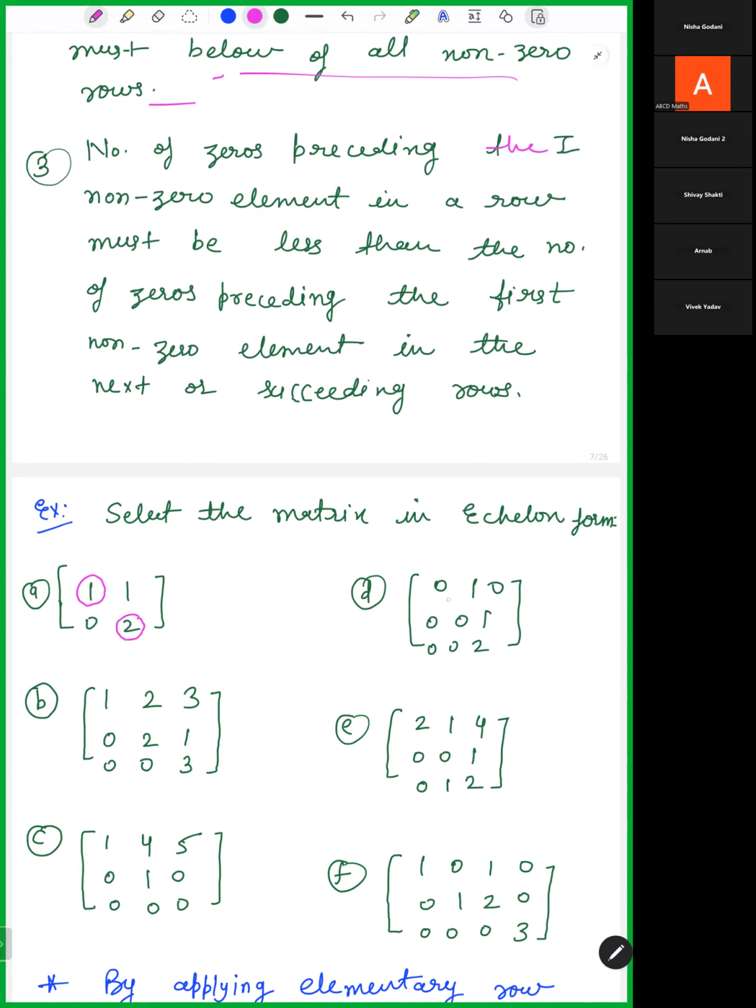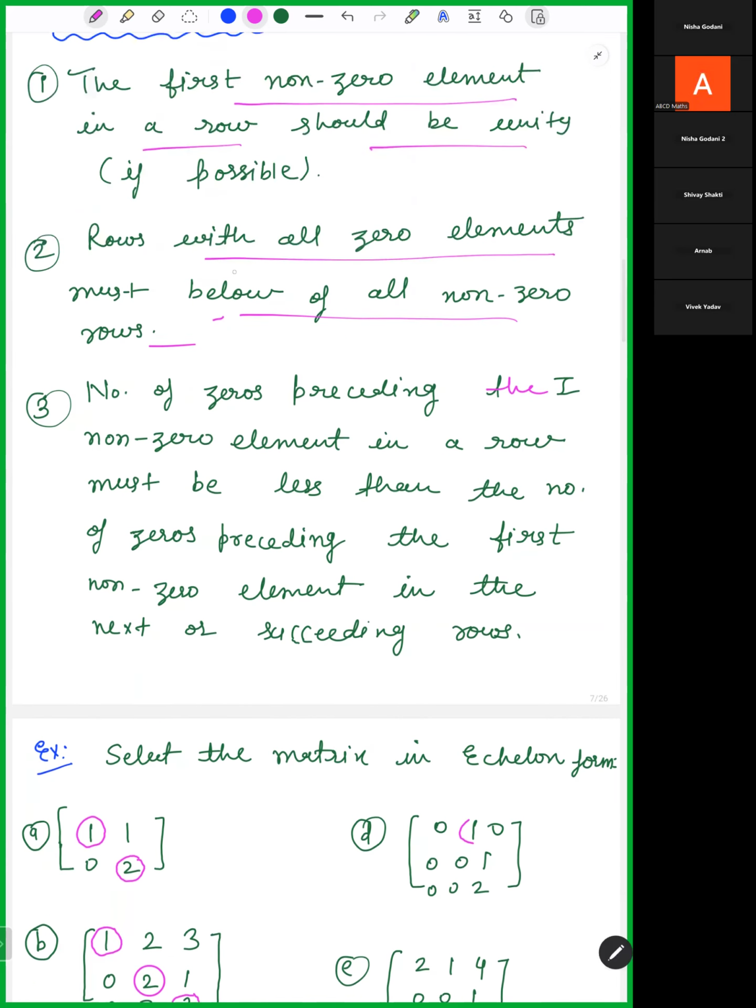In the second example, B, the first non-zero element is 1 in the first row, 2 in the second row, and 3 in the third row. So it is not compulsory to have the first non-zero element equal to 1. If it is 1, then fine. If it is not 1, then okay, no problem.